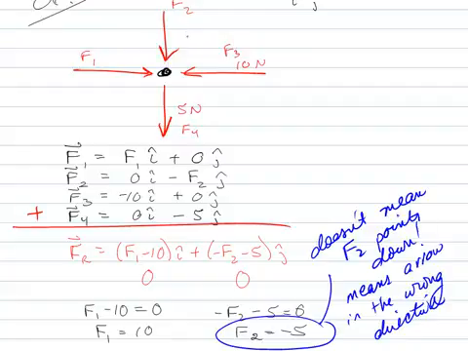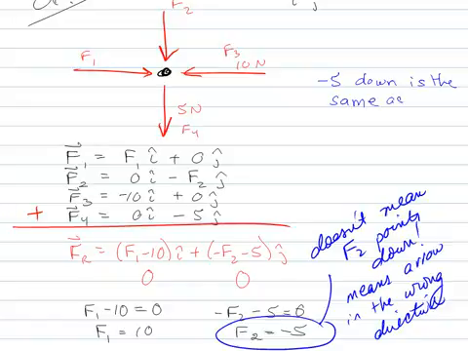Now if you just glance at this, you can say, yeah, clearly, because if this is going to be in equilibrium, then if one guy's pulling down, the other guy needs to be pulling up. Well, whoever drew this picture, well, me, didn't apparently know this. And so I drew my arrow going the wrong direction, so that means it's negative 5 down. So the idea is negative 5 down is the same as plus 5 up. Okay?